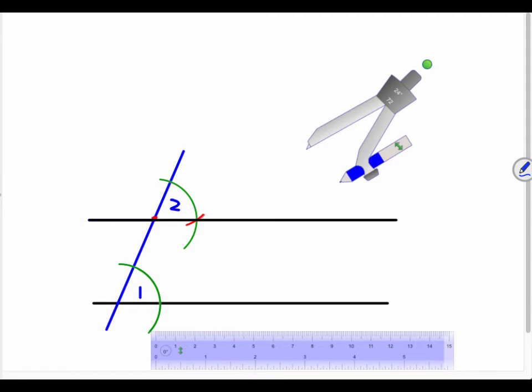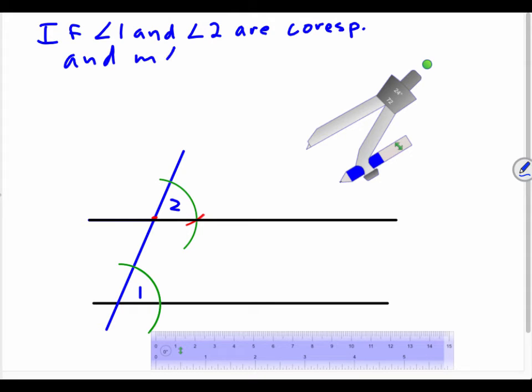We would say if angle 1 and angle 2 are corresponding, and I'm going to abbreviate some of this stuff, and the measure of angle 1 is equal to the measure of angle 2, then, well, let's write it differently.